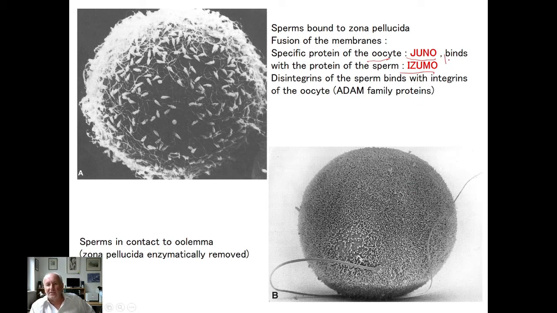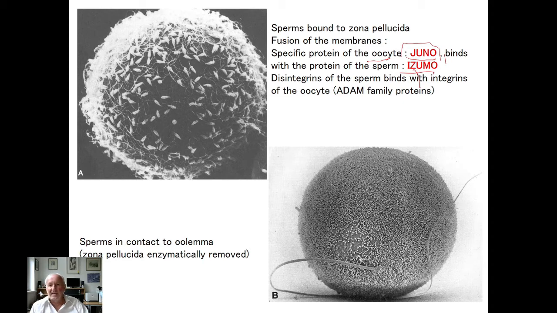These two interesting names, if you want to know how scientists came to them: Izumo is a Japanese word. Izumo means a Japanese shrine dedicated to marriage. Juno is from mythology, a Roman goddess of fertility and marriage.